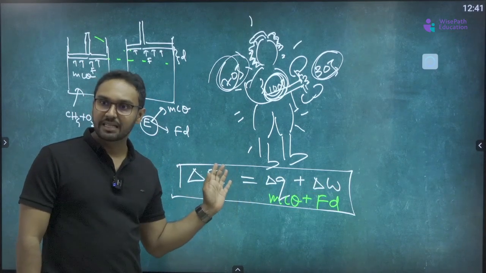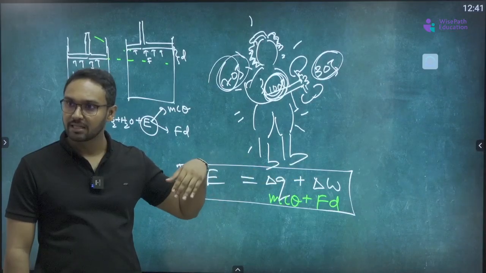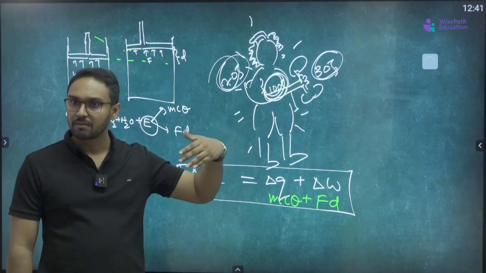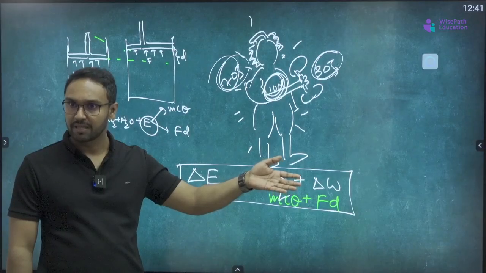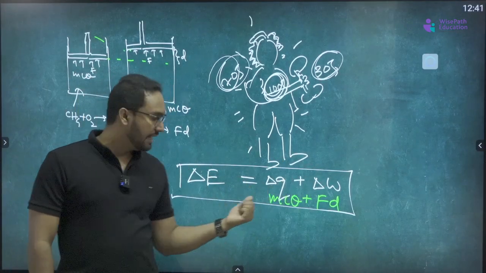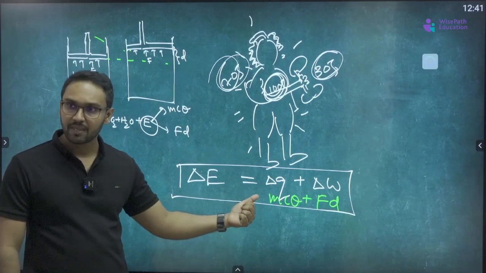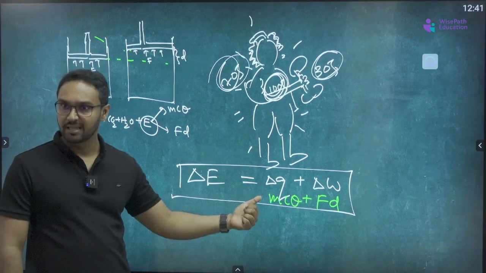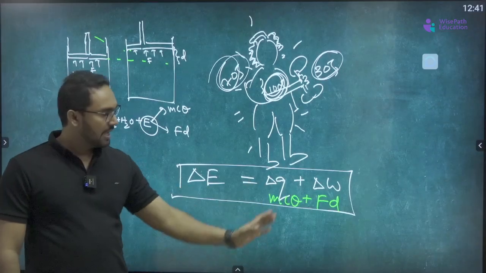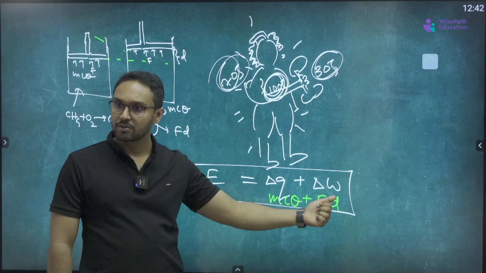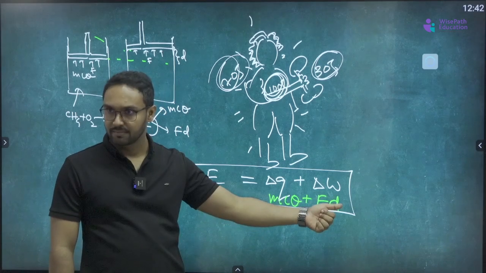So if the internal energy is released, delta Q is always minus, because it is reduced from you. And if the internal energy is released, delta W is also minus.